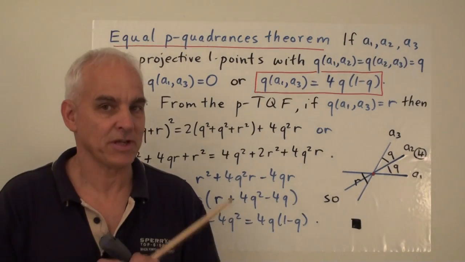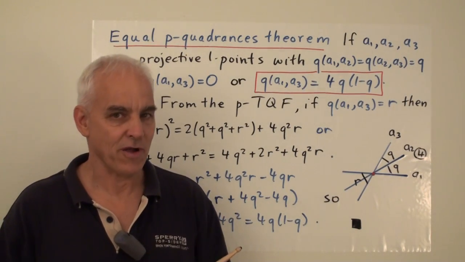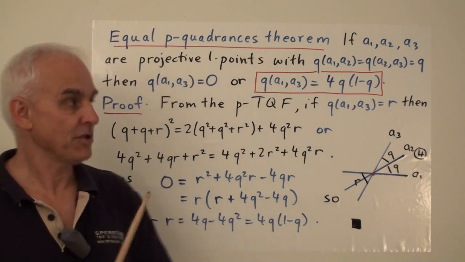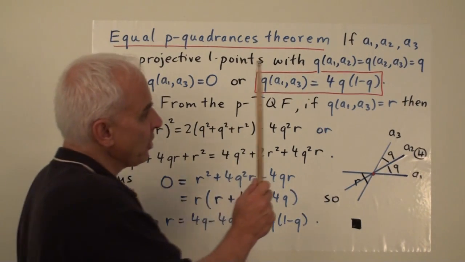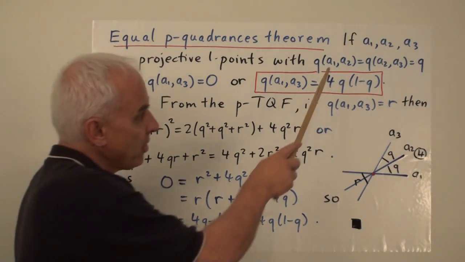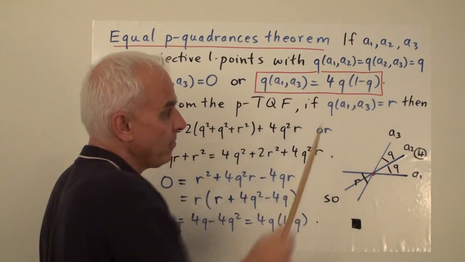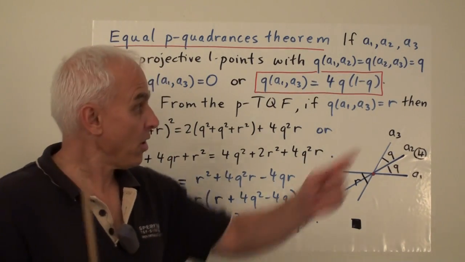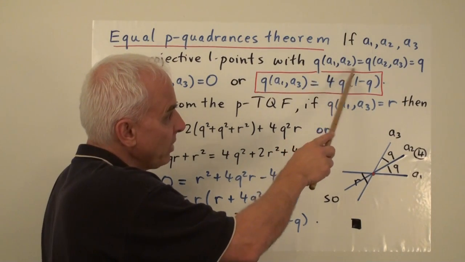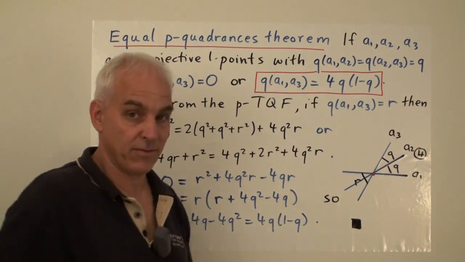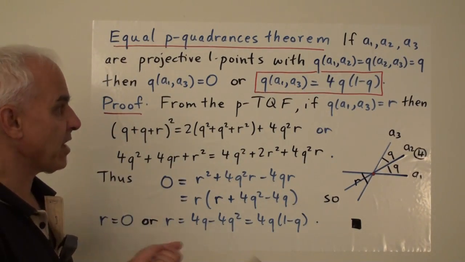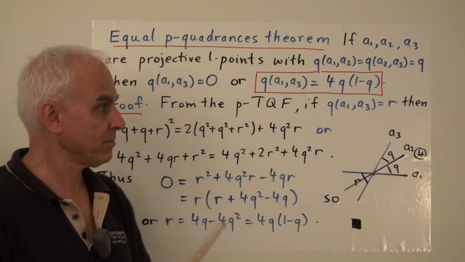There are many interesting consequences of this projective triple quad formula. Here is one, a very important consequence. It's a situation that you have when you have three projective one points, and the projective quadrances between two pairs are equal. So if the quadrance between A1 and A2 equals the quadrance between A2 and A3, let's say the common value is Q, then the question is, what is the third quadrance in terms of Q?